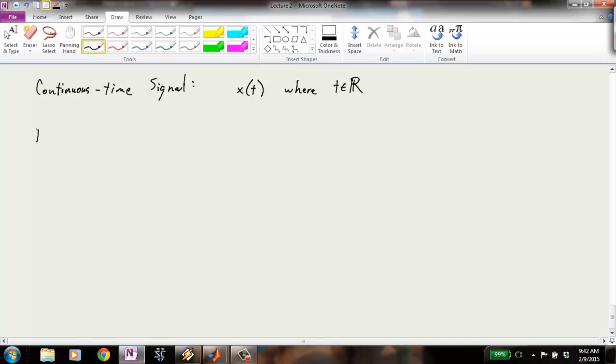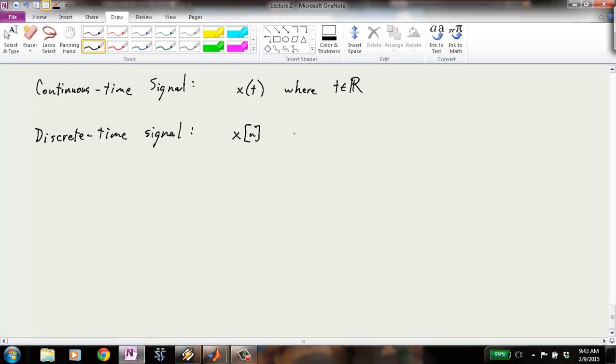And a discrete time signal, its domain is the integers. And we actually often will write it with a square bracket. In fact, I'll use that to indicate to you that we're talking about a discrete time signal. Okay, these square brackets. And instead of t, I'll use n.